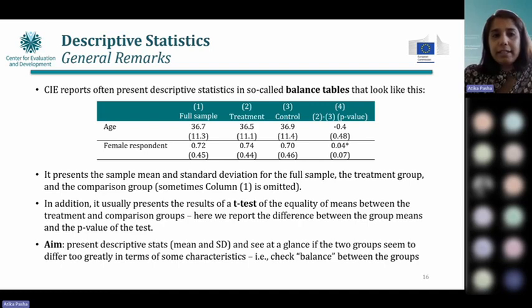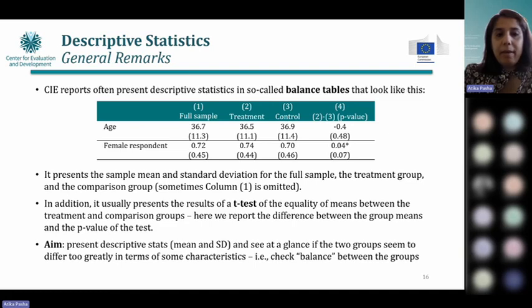Thankfully, at least the standard deviation is not, if you remember our example of income, where 885 was the mean and 1,800, so nearly double or more than double, was the standard deviation. Here, at least, it's a third, which means that our data is not extremely dispersed.